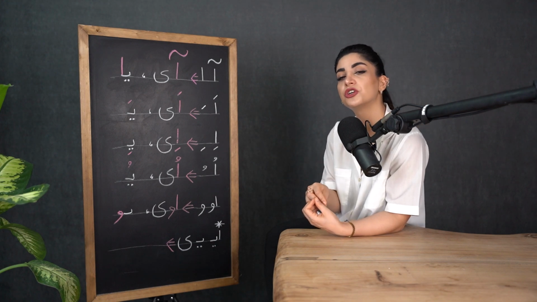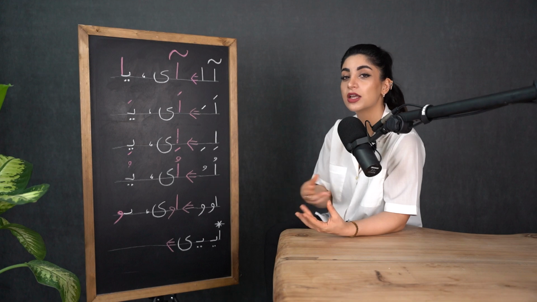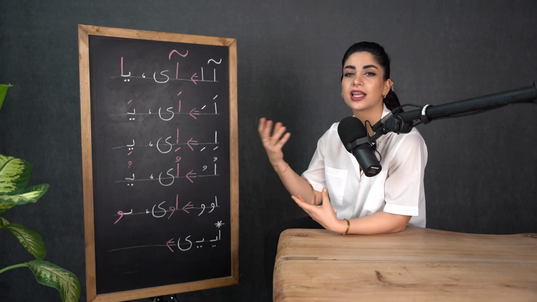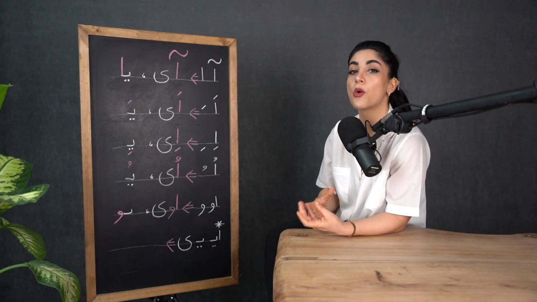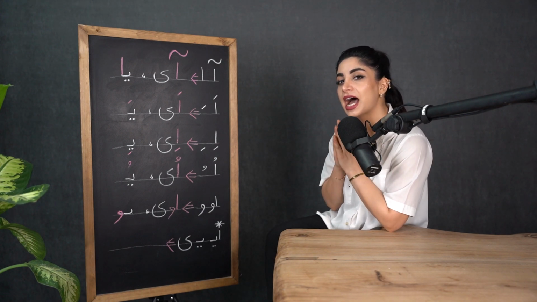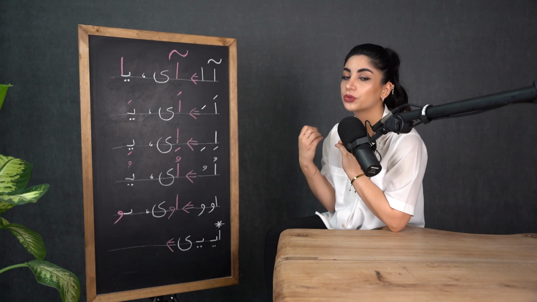But I prefer to teach this one to you next season when we are going to learn more complicated attachments, more sounds, and slowly we will learn how to make a word and how to read it.